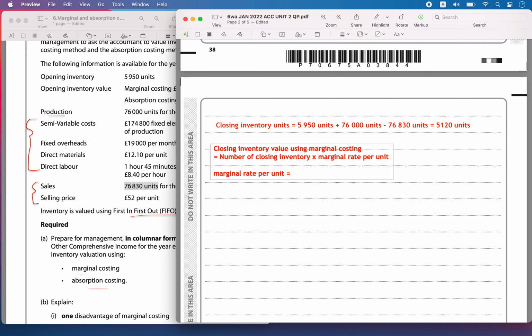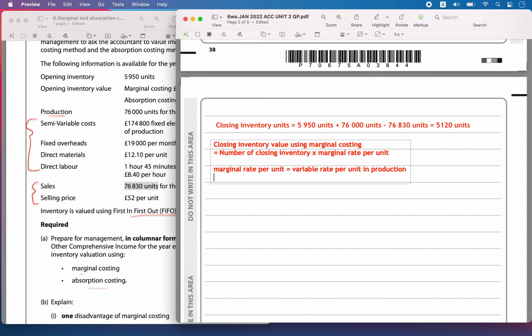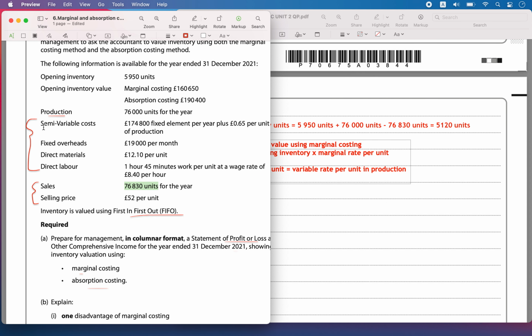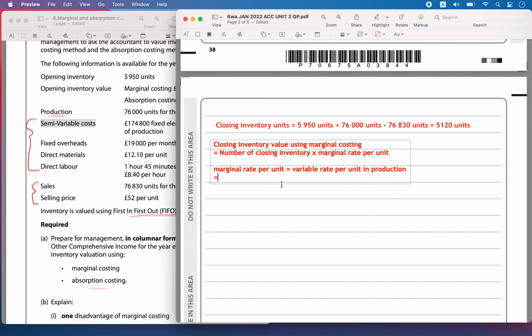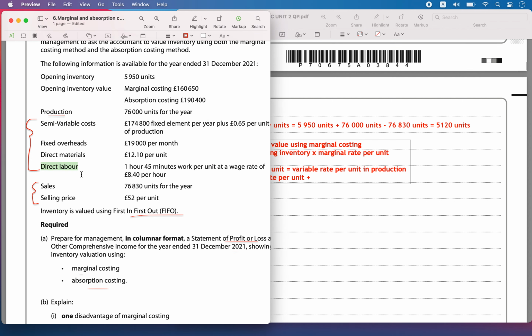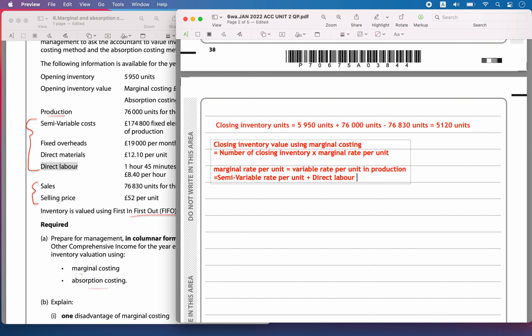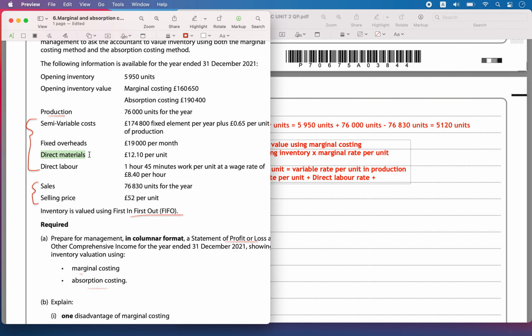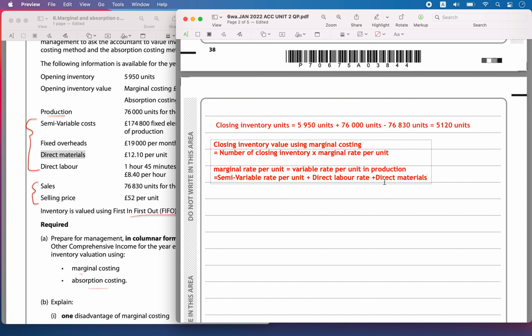Marginal rate per unit is going to be equal to all the variable rates per unit in production, right? So what are the things we have? Let's write here. We have the semi variable rate per unit plus the direct labor rate per unit, which is a variable one, plus the direct material rate per unit.